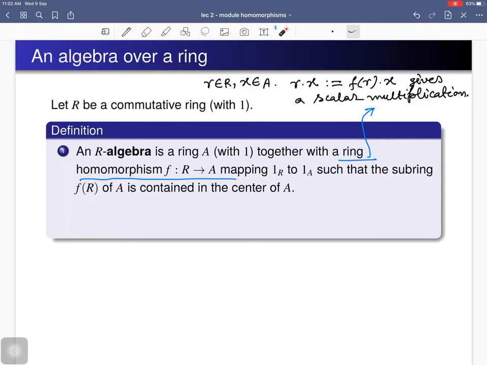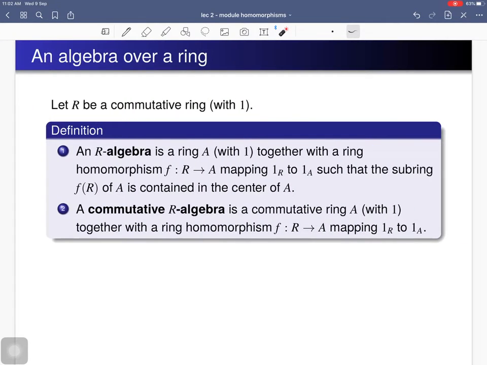Okay, so the summary is that an R algebra is nothing but a ring together with a module structure such that both the structures are compatible. So what is a commutative algebra? It is a commutative ring with identity together with a ring homomorphism like this, such that the identity element of R maps to the identity element of A. So you don't need this condition when your ring A is commutative.